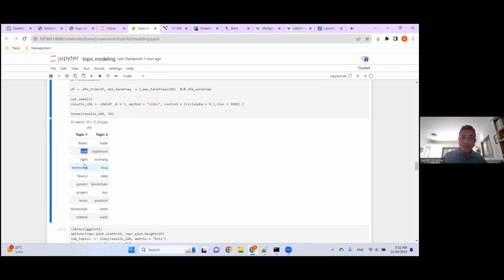So for example, again, vote, governance. Here we have a new word that I didn't see before. What does it mean? Maybe we need to go back and define our original keyword database search, right?